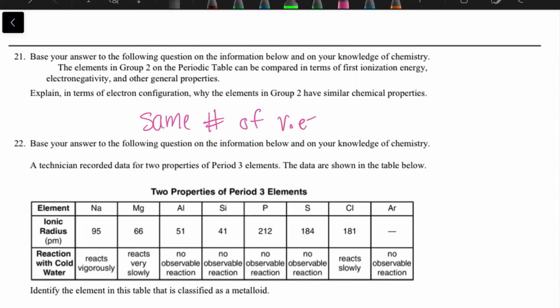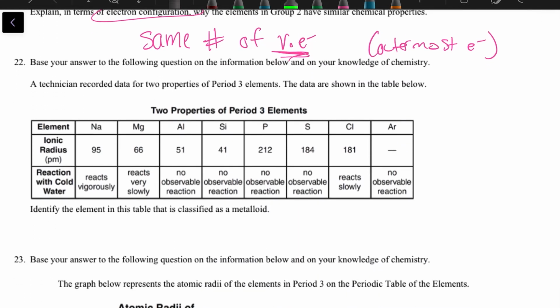That is what makes it have similar chemical properties. So we're talking about electron configuration because we're talking about the valence electrons. They are the outermost electrons. You could also say they all have 2 valence electrons because that infers that you're looking at the electron configuration on the periodic table.